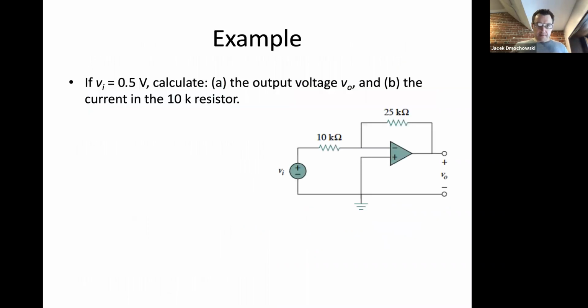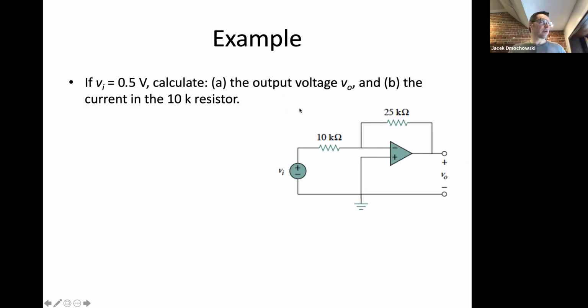All right. Let's do some examples. So we are given this very simple op amp circuit, which is an inverter, and you know that because the positive input is grounded and the negative input has a battery connected to it.